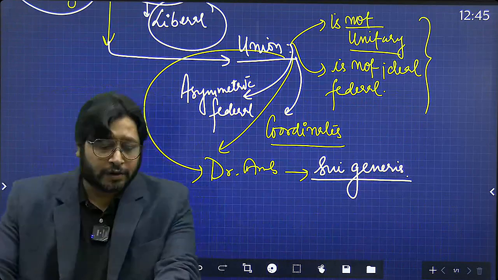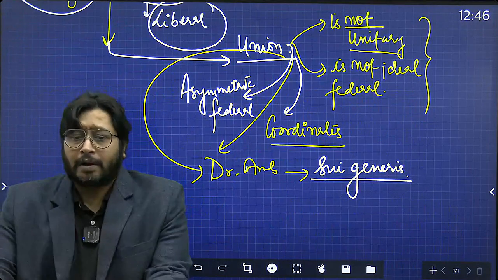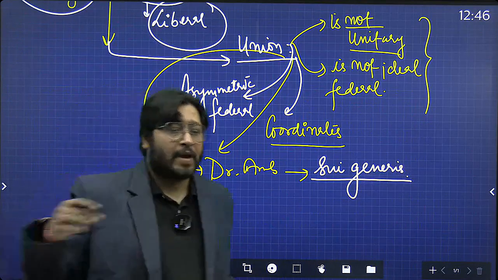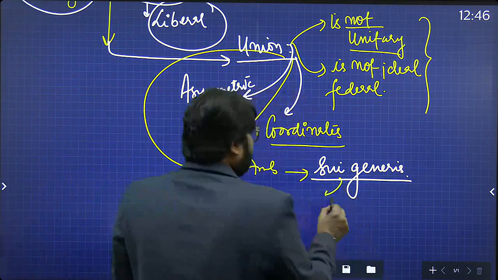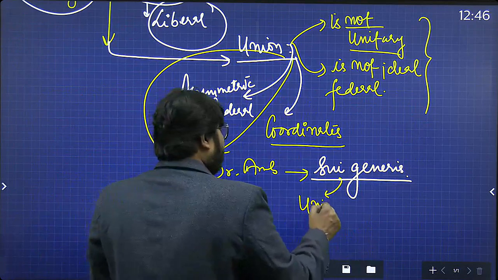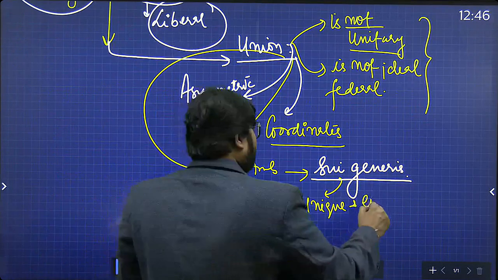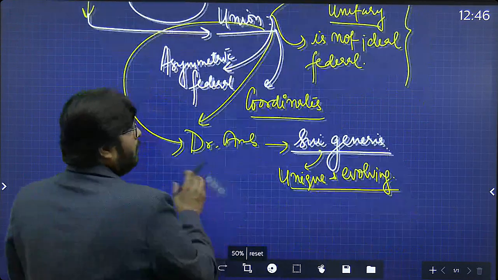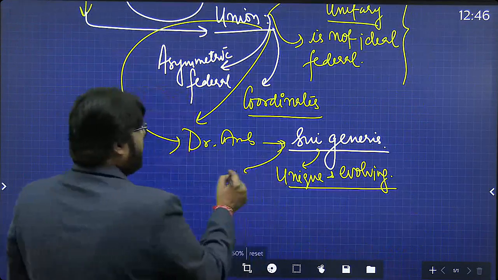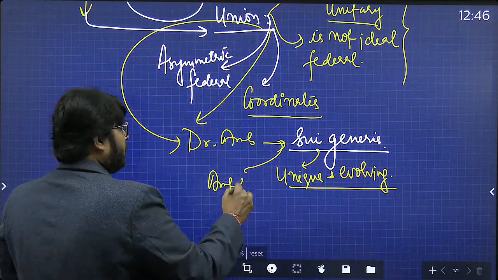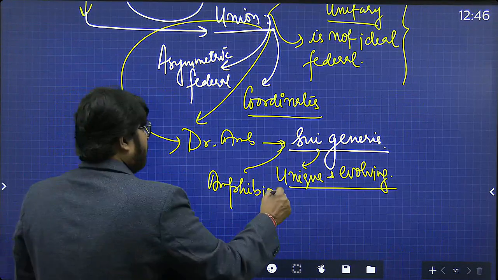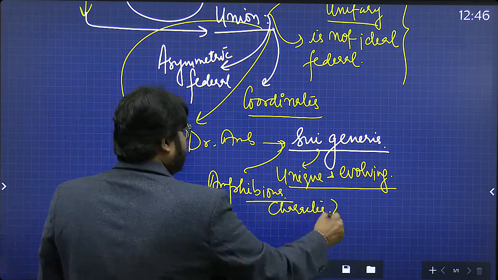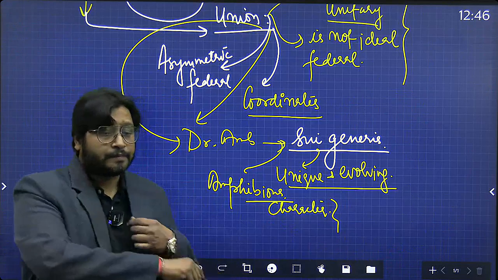The Indian constitution is sui generis in nature. Sui generis means it is unique and evolving. We can also say it has an amphibious character; depending on time and circumstance, it can be this, it can be that.